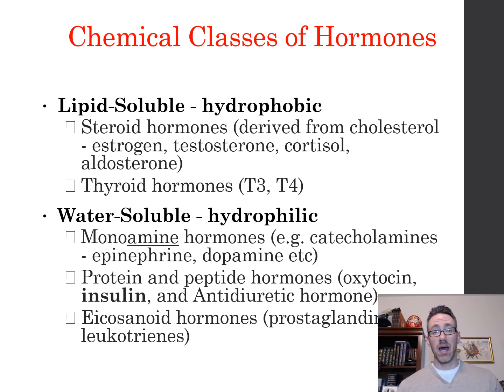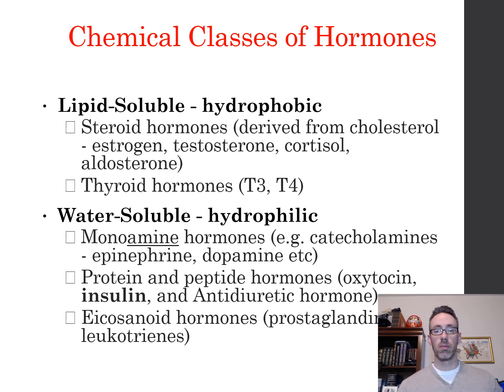Now, in terms of the chemical classes of hormones, you have what we call lipid soluble, otherwise known as hydrophobic. So it readily interacts with lipid components, something that might pass through plasma membranes, for example. Steroid hormones are in that category, and they're all derived from cholesterol. We'll talk about that pathway in a different lecture. Some of the products of the synthesis from cholesterol are estrogen and testosterone.